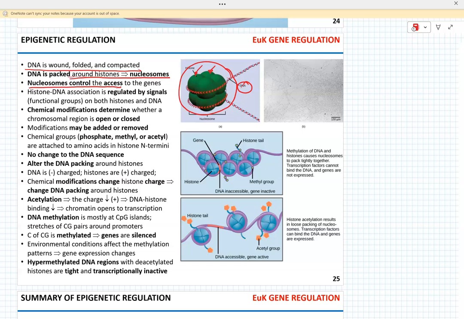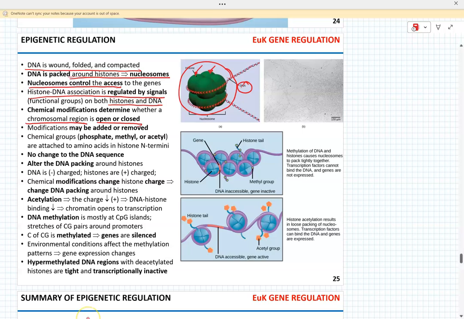Whether DNA is bound to histones is regulated by various chemical signals, functional groups, on both histones and the DNA molecule. Chemical modifications to these molecules will determine whether a particular chromosomal region can stay open and available for transcription, or is going to be closed.